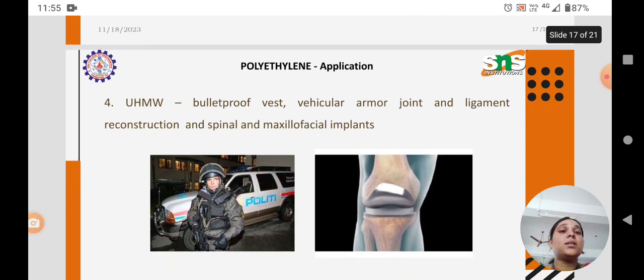UHMWPE is used in bulletproof vests, vehicular armament, joint and ligament reconstruction, spinal implants, and it has many medical applications too.